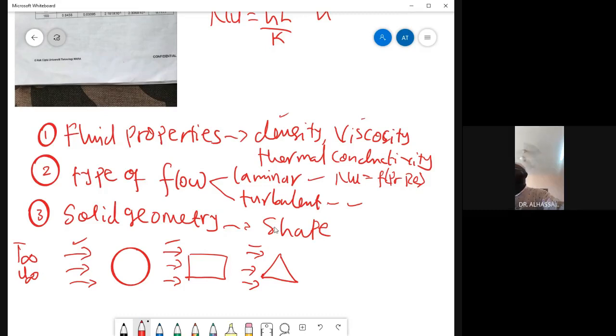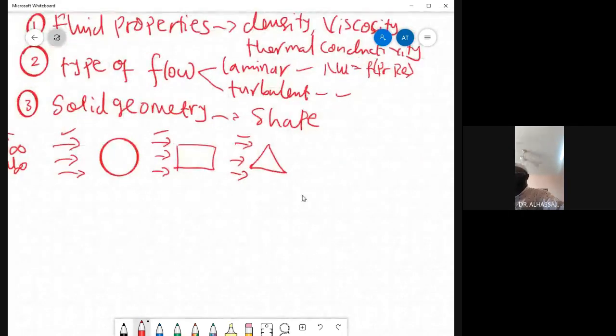Assuming all of these are the same material, such as aluminum, the thermal conductivity for number 1 is going to be the same as for number 2 and number 3. But the value for H is going to be different because of what? The geometry. You understand me?